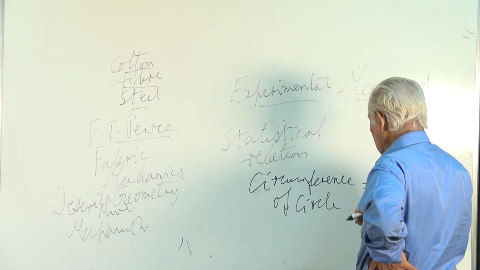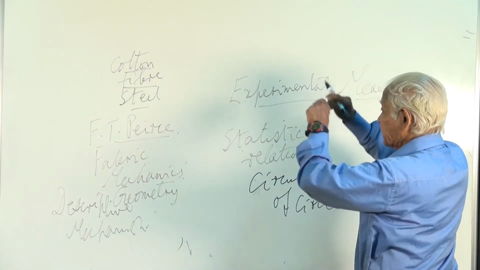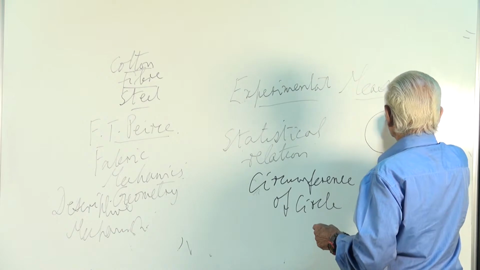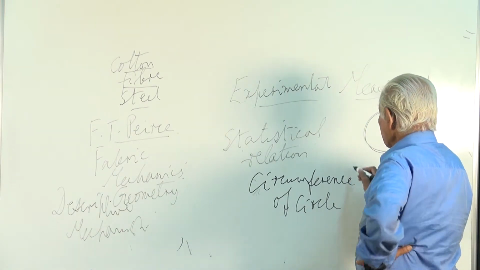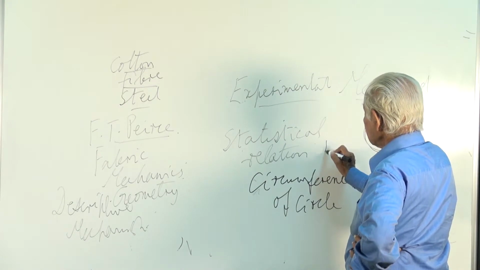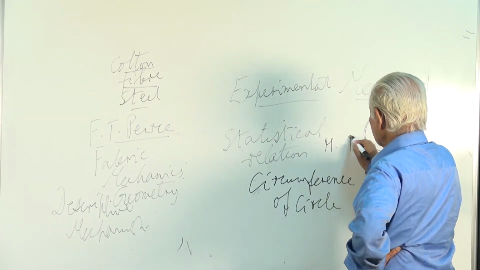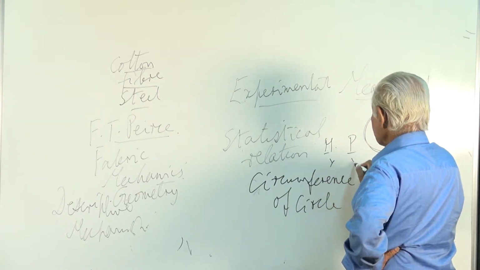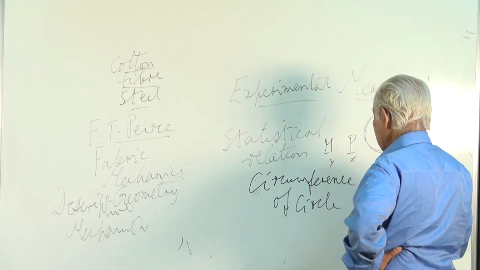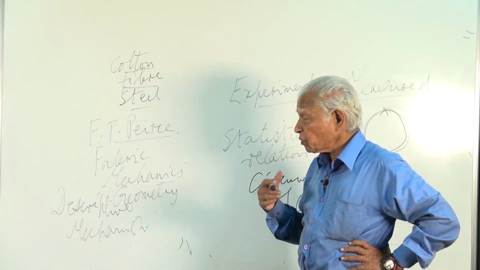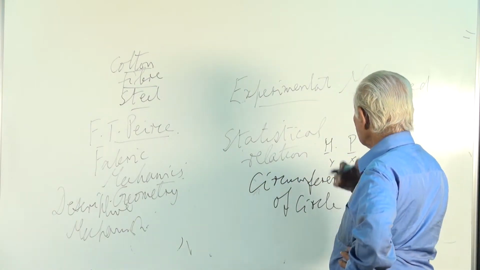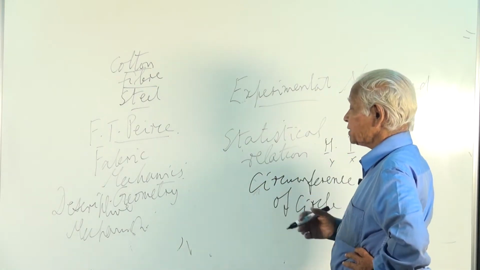It is also possible to measure the circumference by taking a tape and then finding out the distance from this point to this point. And if we consider the measured value and also the predicted value, they are exactly the same. There is no change, or the percentage difference is very little. So, this is what is to be borne in mind when models have been developed to predict certain things.